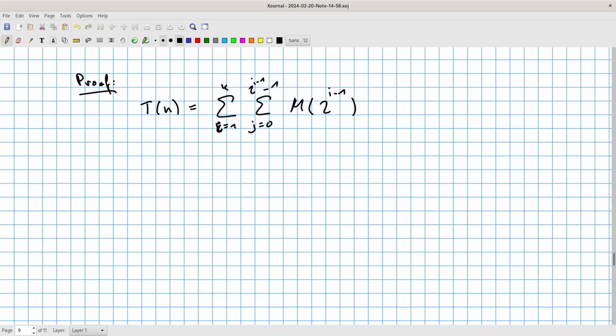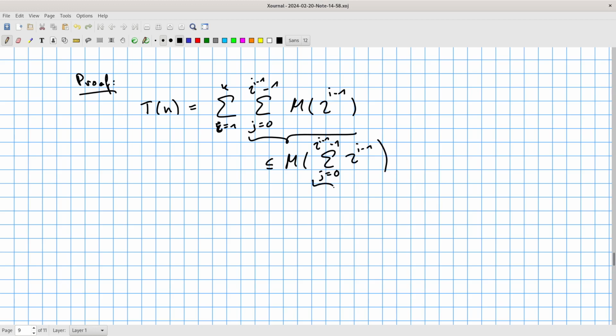Okay, but now we can use the assumptions that we have about the multiplication time to simplify this and estimate this to M of the sum j from 0 to 2 to the k minus i, 2 to the i minus 1.